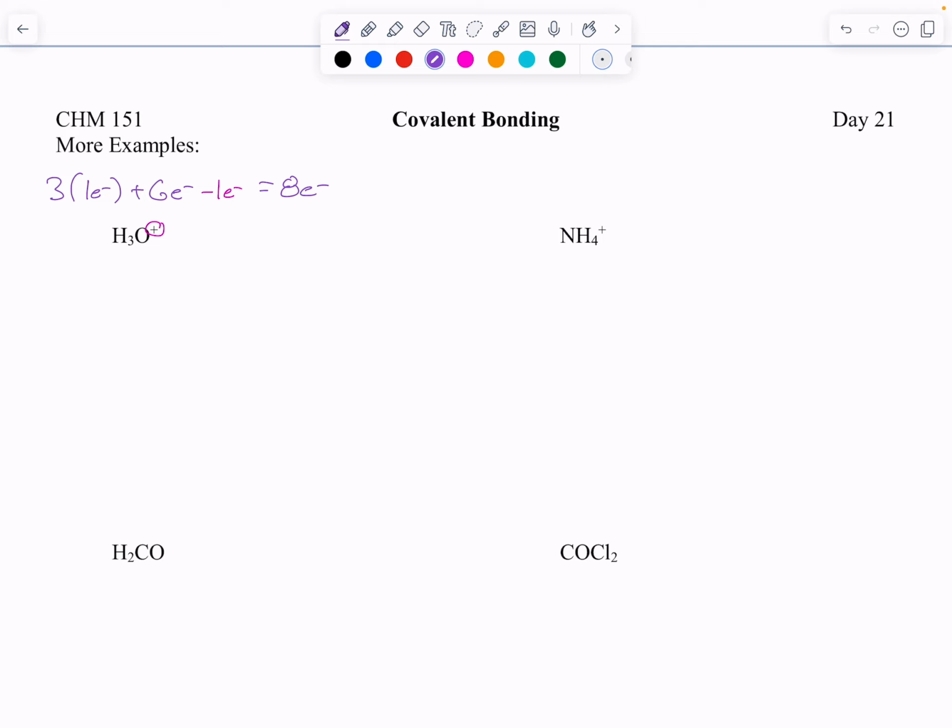And because this is an ion, who's in the middle? It's not hydrogen. So it has to be oxygen. I'll put 3 H's around. And then we put brackets around to know that this is a positive ion, because the whole thing is charged.